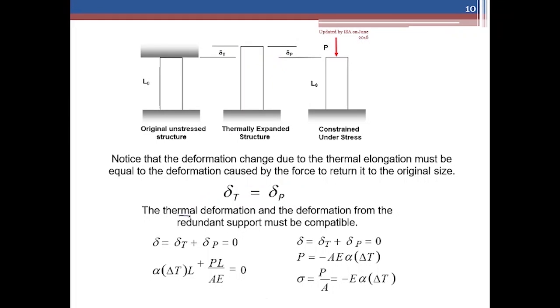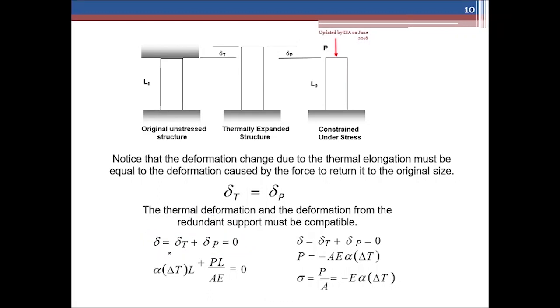The thermal deformation delta T and the deformation from the redundant support delta P must be compatible, so that delta equals delta T plus delta P equals 0.